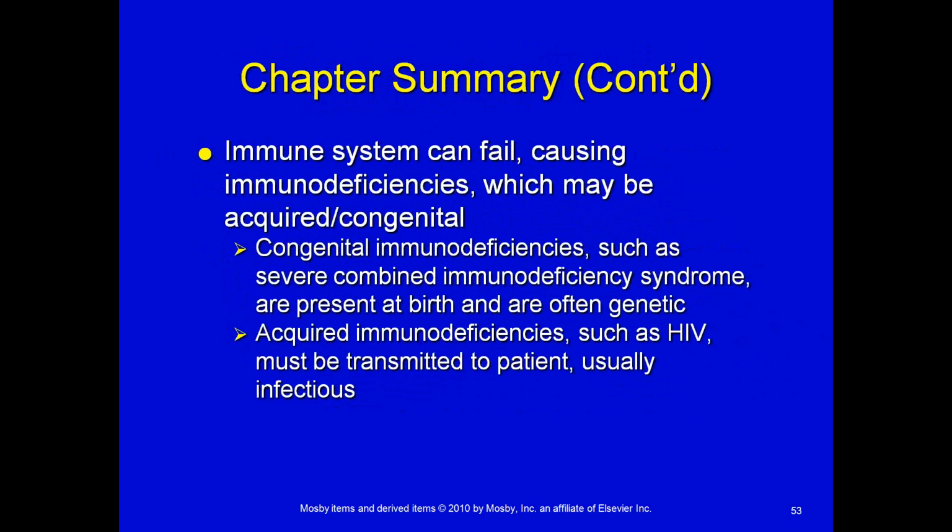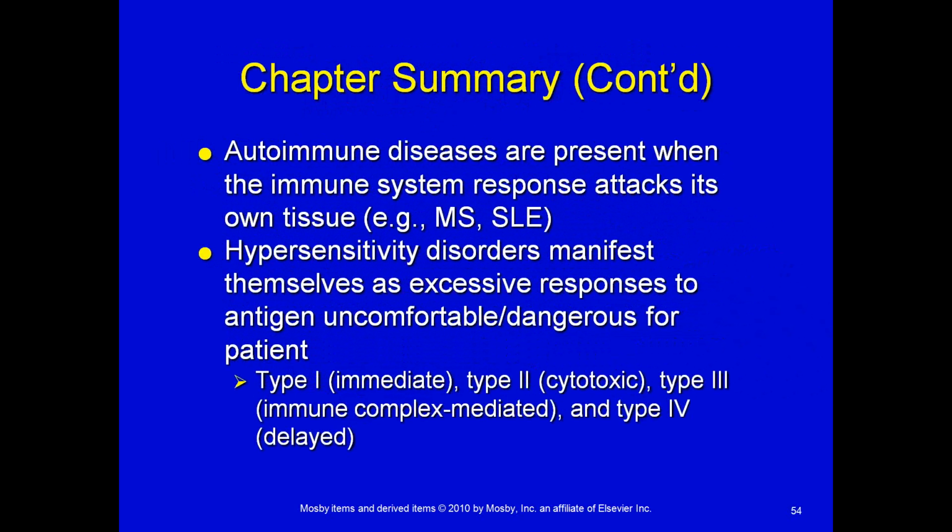We talked about congenital immunodeficiencies such as severe combined immunodeficiency syndrome that are present at birth and they're not genetic, and how acquired immunodeficiencies such as HIV have to be transmitted from patient to patient, and the patient has to be infectious.